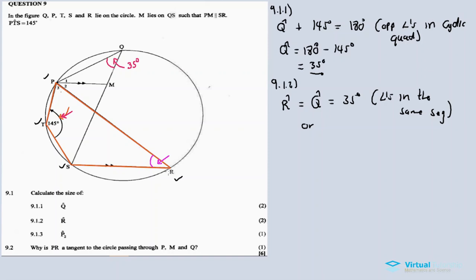Angle R is opposite to this angle, 145 degrees. Therefore, again, it's the same theorem we used in 9.1.1. So angle R is equal to 180 degrees minus 145 degrees, because of opposite angles in a cyclic quad.